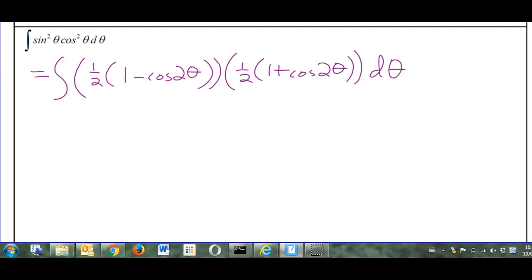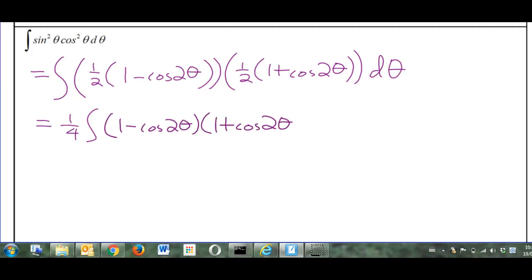Okay, so we got 1/2 times 1/2 is 1/4. So we can pull that quarter out, because it's just a constant, and I get 1 minus cos 2 theta times 1 plus cos 2 theta, bracket d theta.